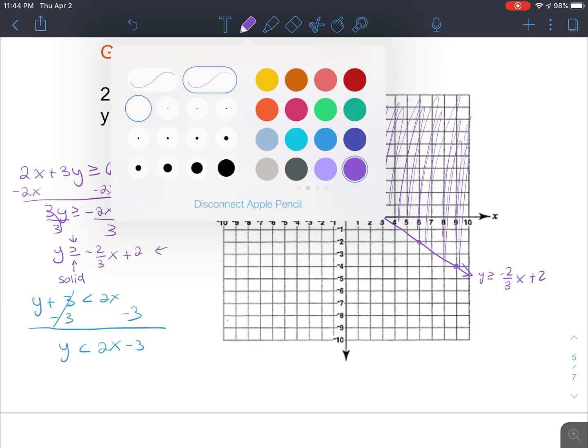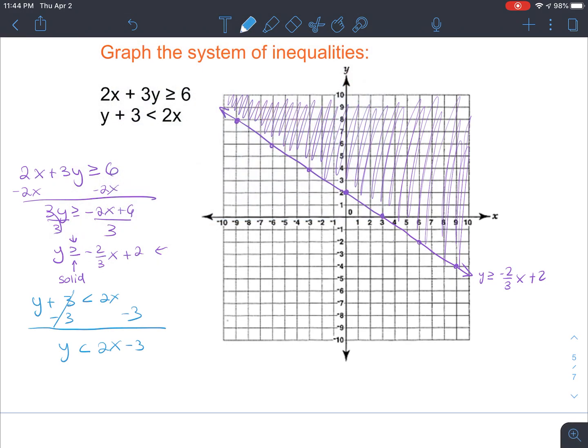Now let's graph the second one. Y-intercept of negative 3. We have a slope of up 2 over 1, up 2 over 1, and we continue all the way through, and in reverse. Okay, now will these be connected with a solid or dashed line?